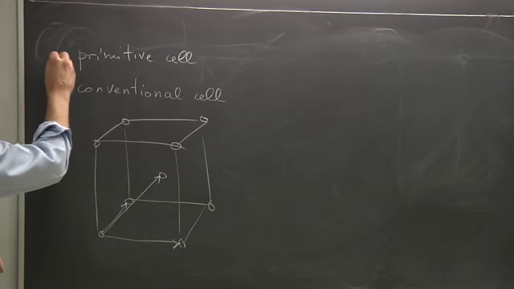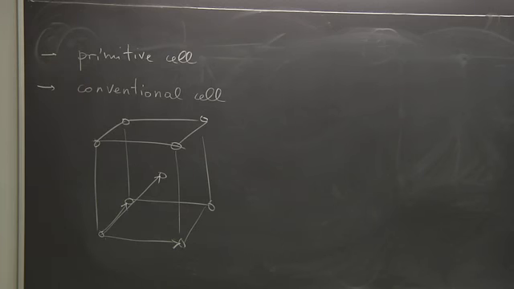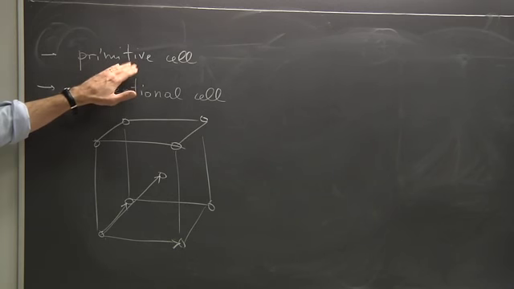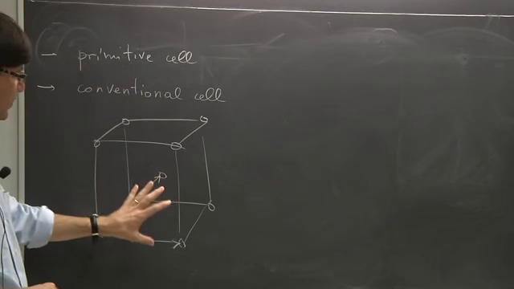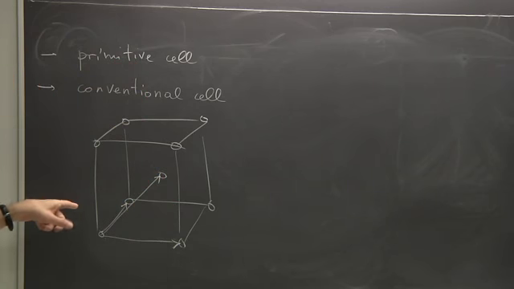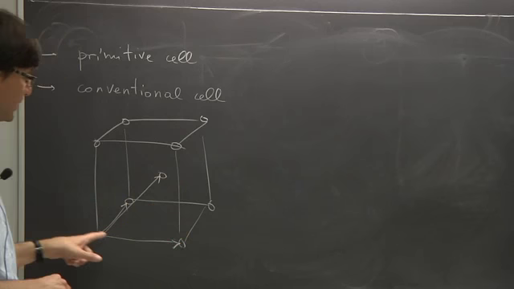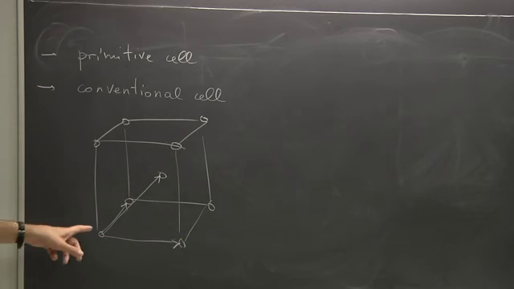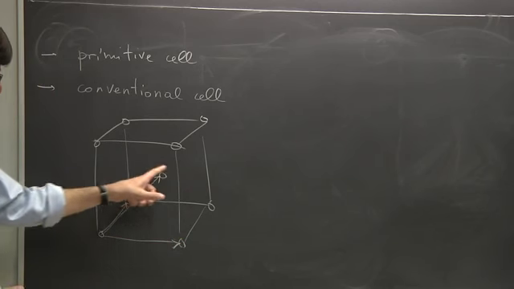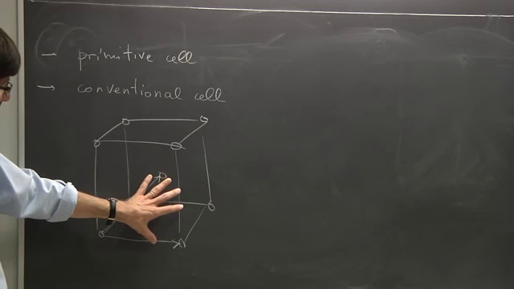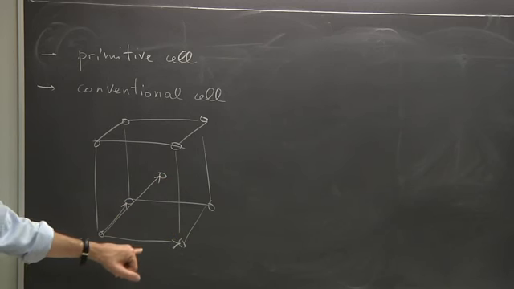All right, so the distinction between primitive cell and conventional cell is that by primitive cell, you denote the unit cell of the smallest possible Bravais lattice. That is the Bravais lattice that you construct using these three vectors.